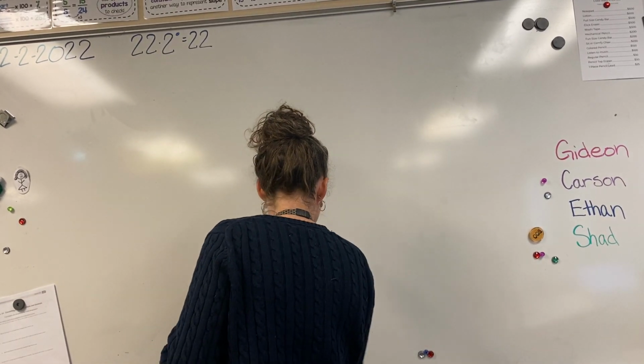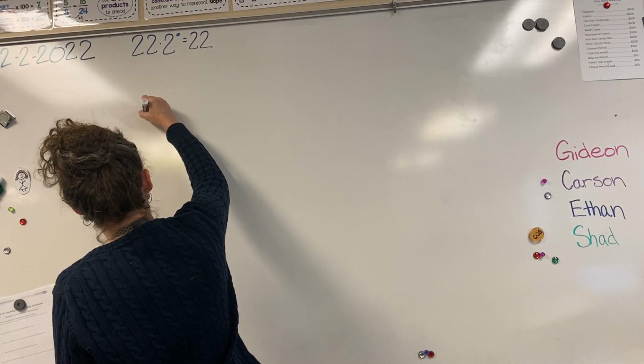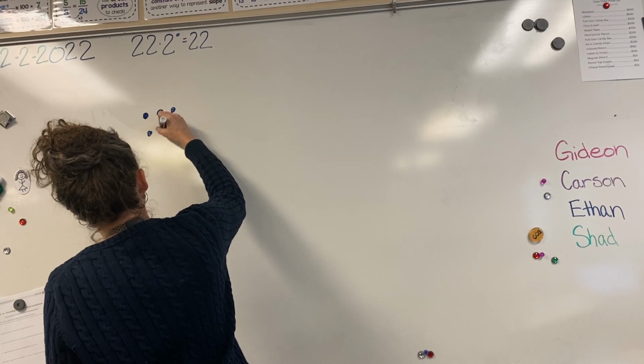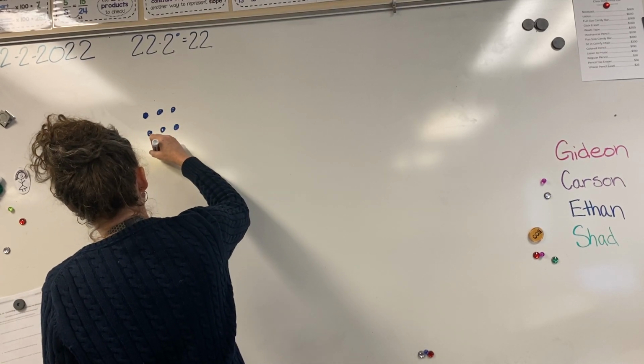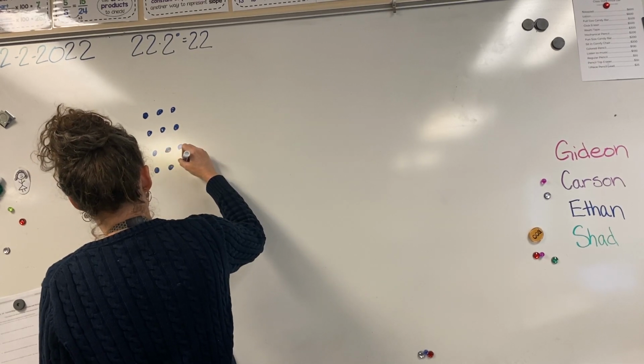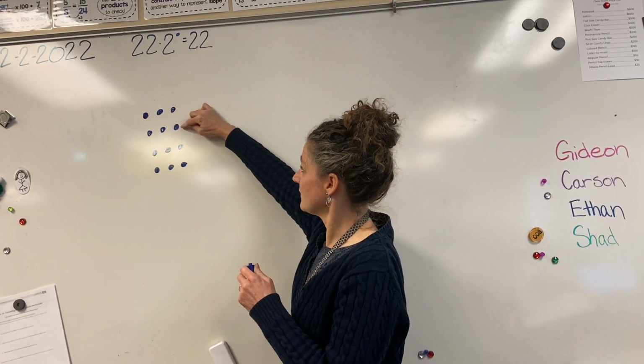Okay. So remember, my blue is negative 3. If I have negative 3, and I have negative 3 four times, I am putting negative 3 on the board 4 times.